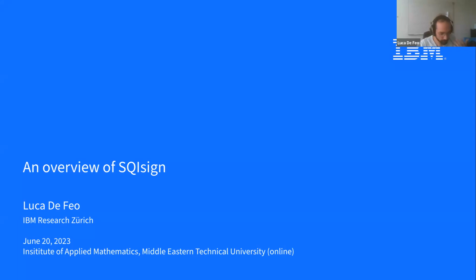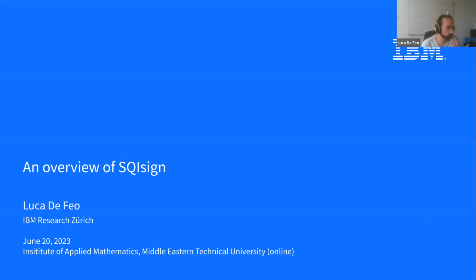As you may have heard, a lot of people are thinking about and working on quantum-safe post-quantum signatures. And SQIsign has recently been remarked as one of the more promising post-quantum schemes for signatures, essentially because of the short key and signature sizes.